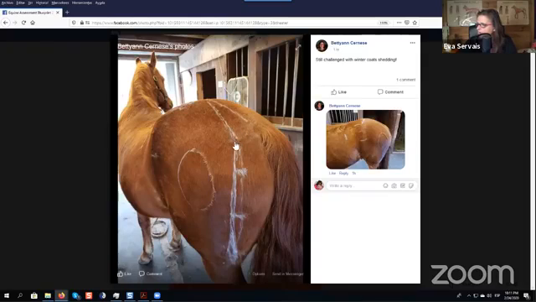We have our 8 here going up to the highest point of the rump and coming down. So you see here, Betty Ann is staying really close to the midline. That's really good. Your 10 is just a little bit too much to the side of the horse. You should be close.